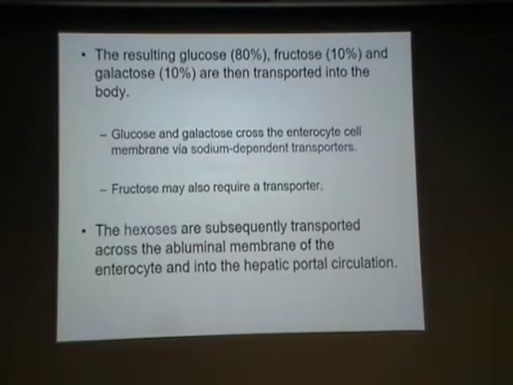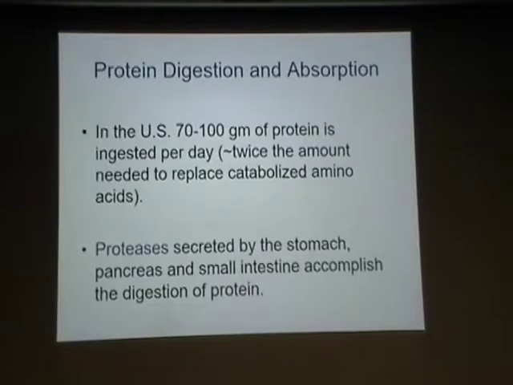From there it enters the blood, and this is the hepatic portal system. So absorption is taking place where the hepatic portal system exists, and that means all of this dietary sugar that we just absorbed, the next capillary bed it hits is in the liver. That gives the liver first shot at the sugars that we've eaten. And that's it for carbohydrate digestion.